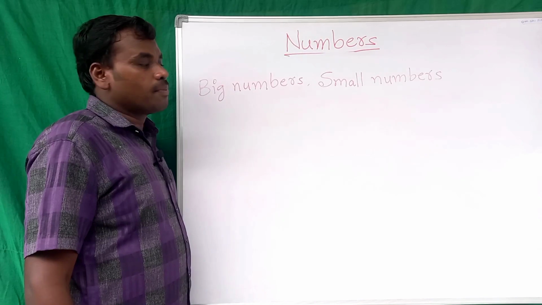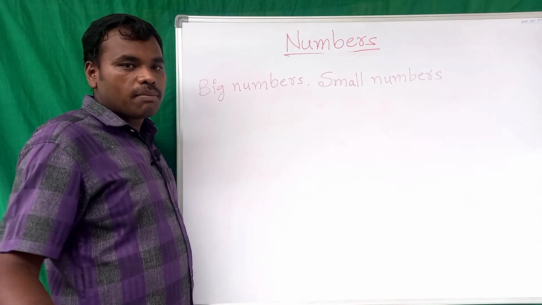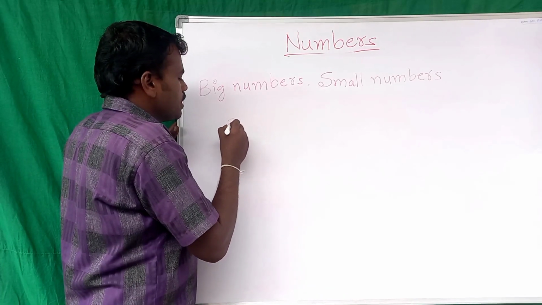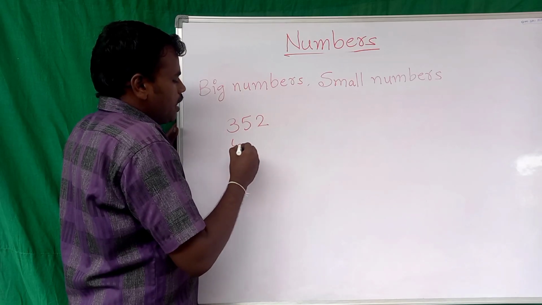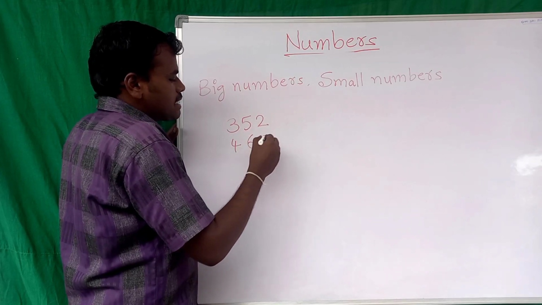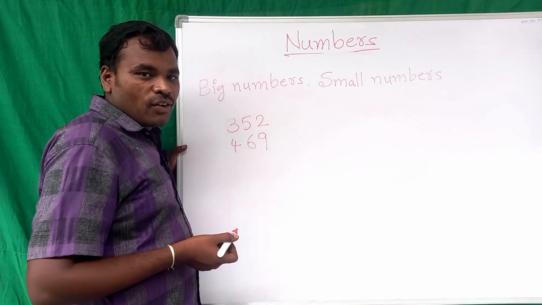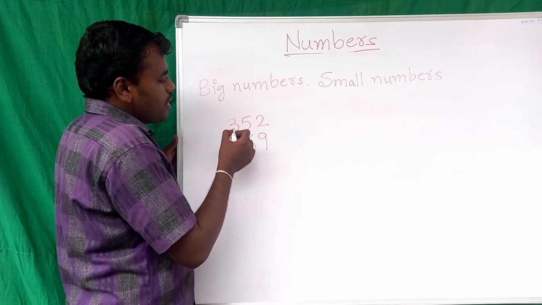My dear students, now we are discussing big numbers and small numbers. Firstly we take two numbers, 352 and 469, and we need to compare them. Read ones, tens, hundreds.